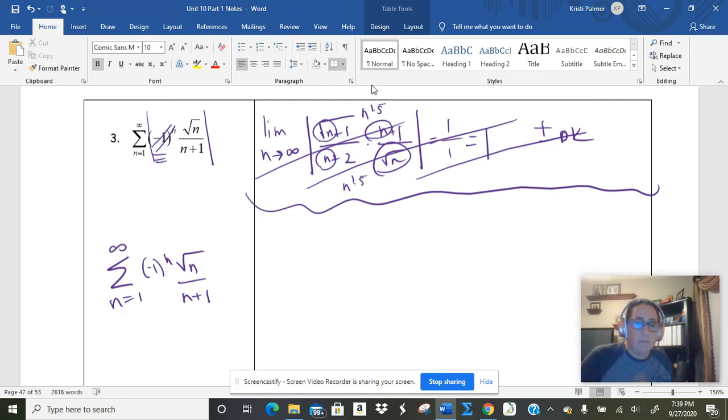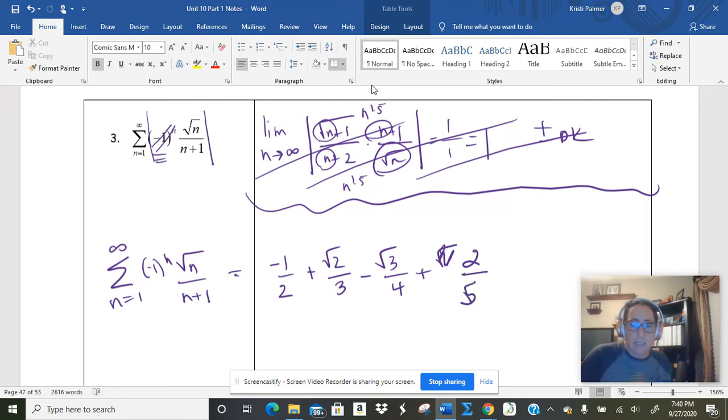So when I look at this original, when I do alternating series, I like to write out my first few terms. So the first one here was negative 1 over 2, and then plus the square root of 2 over 3, and then minus the square root of 3 over 4, and then plus 2 over 5.